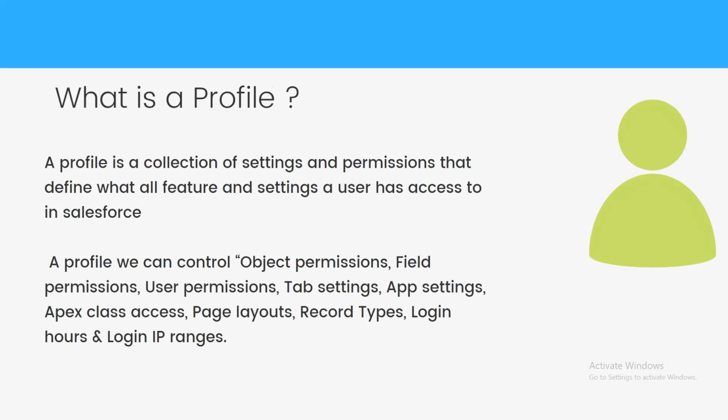From a profile, we can control object permission, field permission, user permission, tab settings, page layouts, record types, login hours, login IP ranges, etc. So with any profile, we can define what permissions will be there for the users or roles it is assigned to, what they can access and what they cannot access.